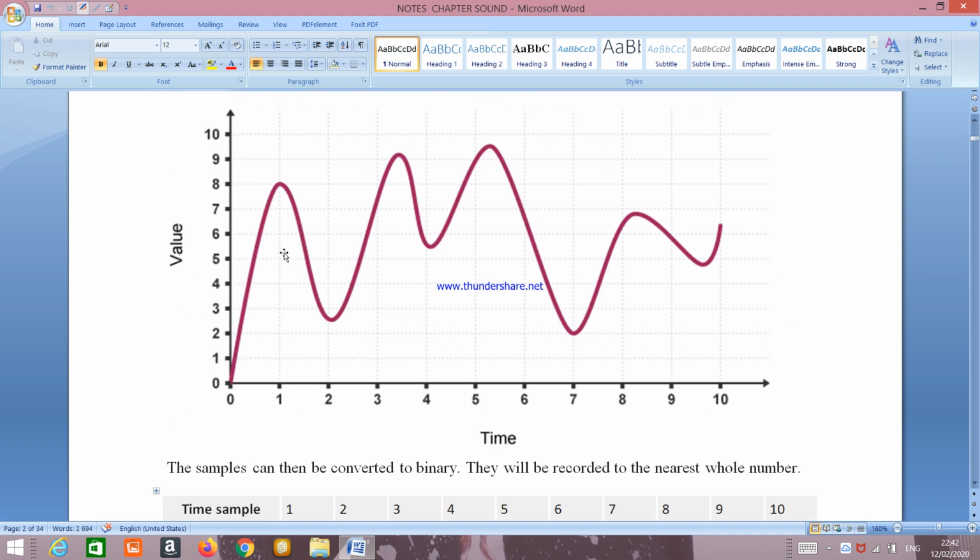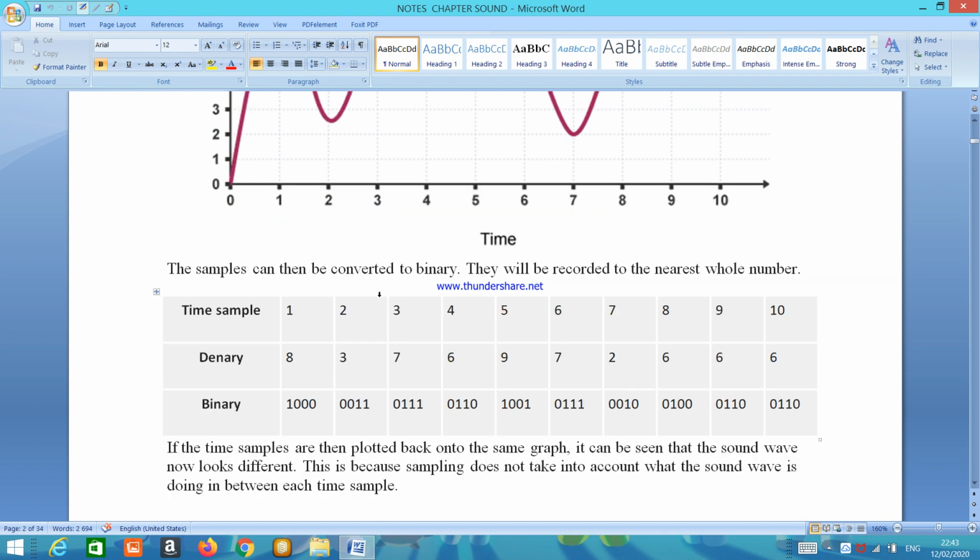At a regular time interval, we collect the height, the amplitude of the curve. Let's say every second we collect the height. In the first second the height is 8, and we convert the height into binary.